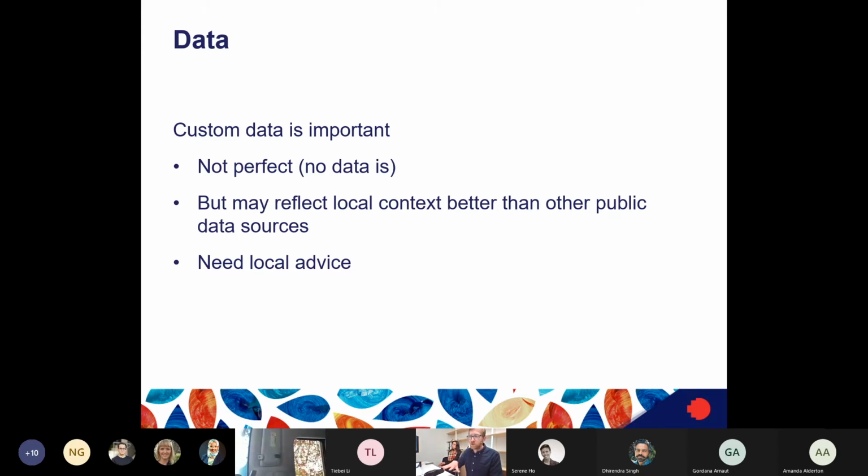Even though we were trying to find consistent, single source data sets for all our study regions in order to have comparable analyses, for some cities like Maiduguri, or other cities, due to their city boundaries or other reasons, it just wasn't possible. So you need some flexibility to deal with those contextual aspects.